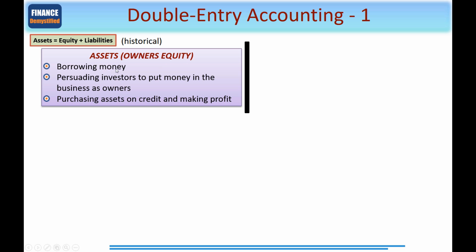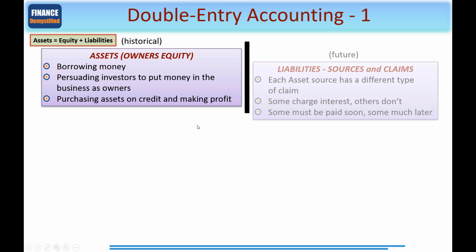And it consists of elements such as borrowed money, that's an asset, the organisation can use it to buy whatever, and persuading investors, the stakeholders if you will, to put money in the business as owners. And third, purchasing assets on credit, and while we're doing that of course, making a profit by whatever it is we're selling. So that would be the left-hand side, the assets. A reminder of the formula here that assets equals equity plus liabilities.